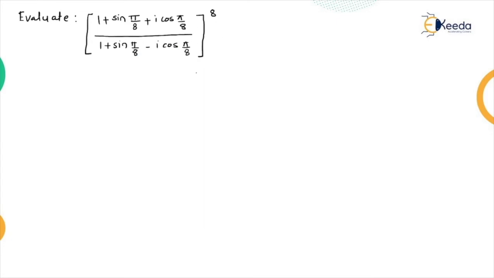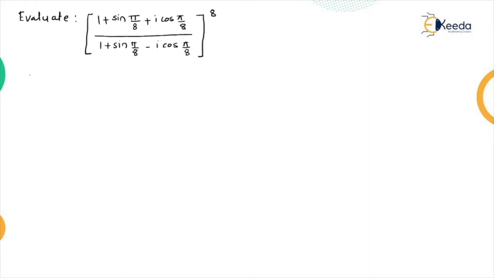You have to evaluate this by using de Moivre's theorem. Here the power is 8, and by using de Moivre's theorem it will be very easy to evaluate this complex expression.